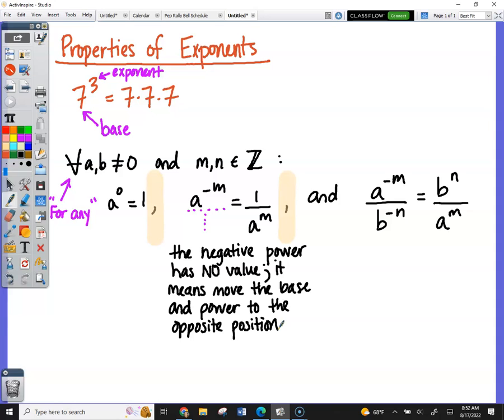You do move whatever the negative power is attached to.